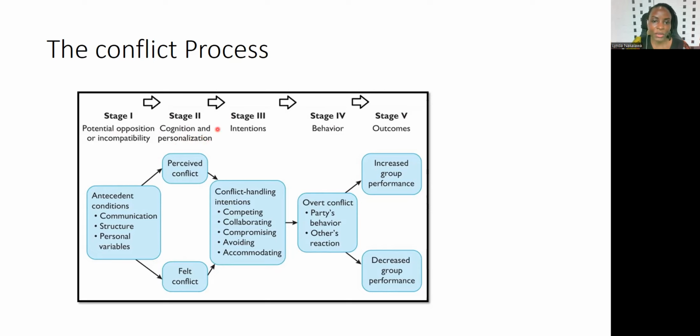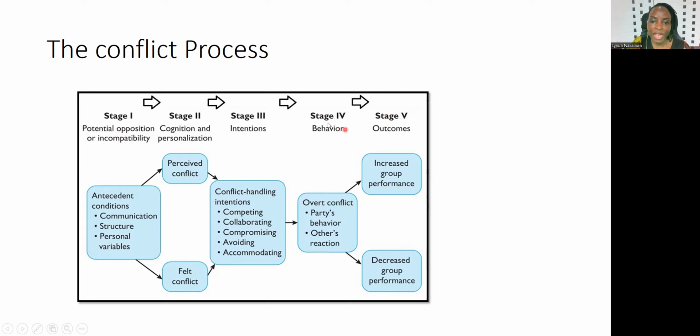Stage 3 looks at the intentions that people have when it comes to dealing with conflict. But these are intentions, not actual behavior. Behavior, the things that we observe, comes in at stage 4, right here. And sometimes there's a difference between intentions and behavior. Okay, and then we have stage 5, which is the outcomes.